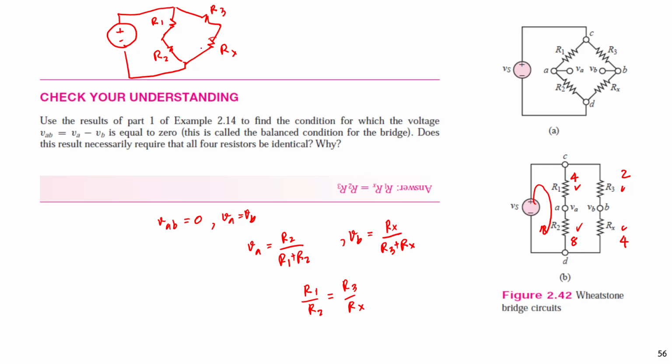So Rx is unknown, and we know about R1, R2, and we make R3 adjustable. Adjustable resistance.